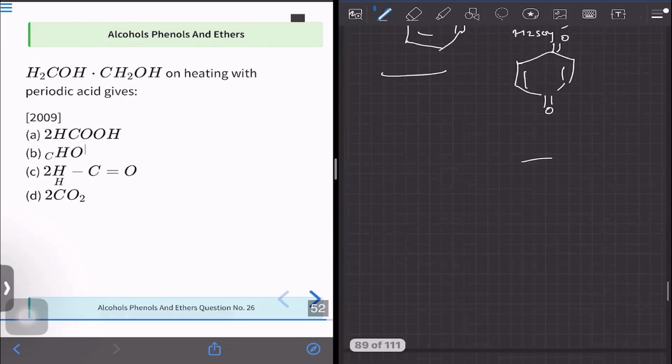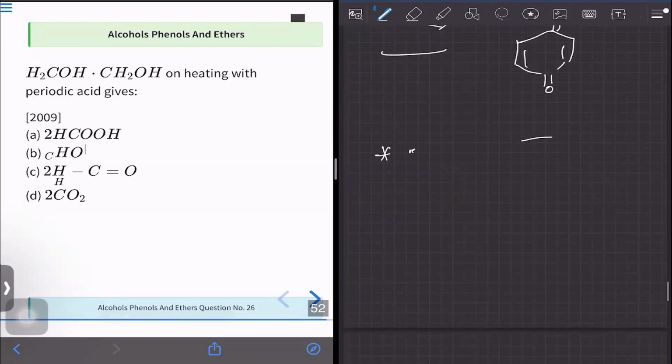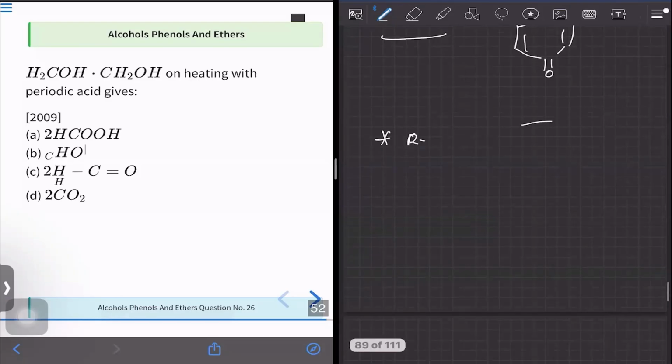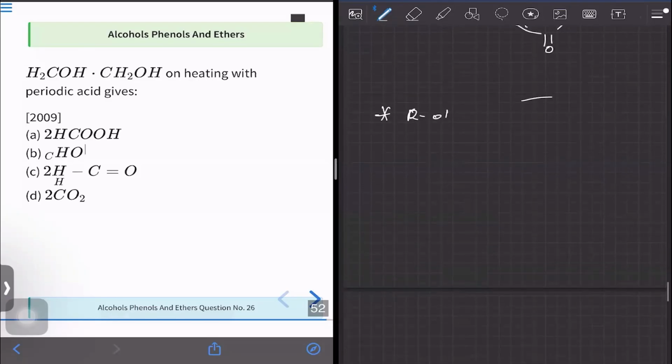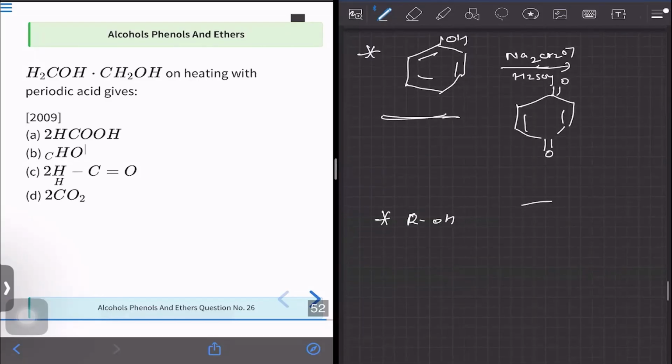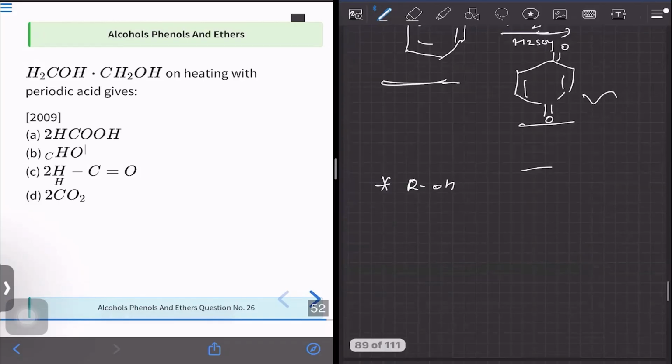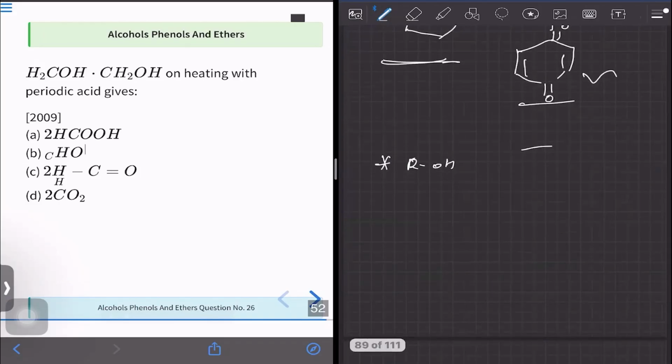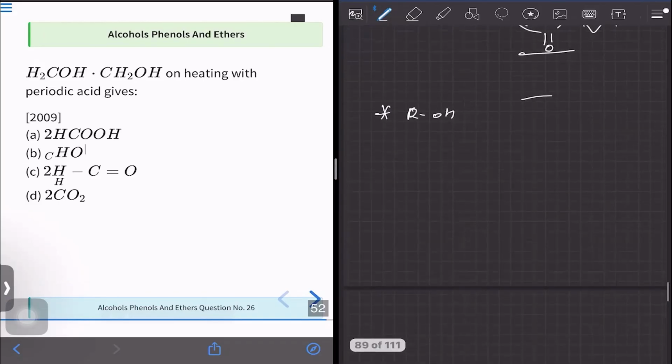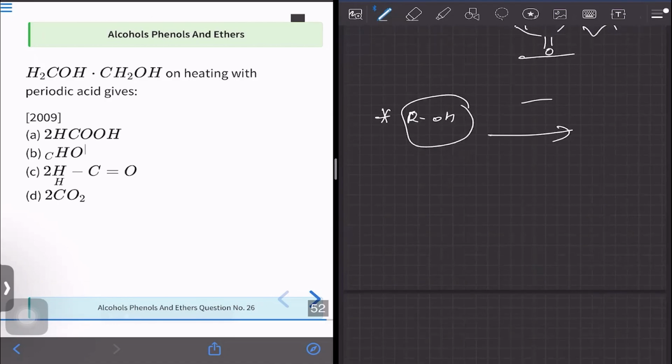We all know whenever aromatic alcohol undergoes oxidation, it produces benzoquinone. Whenever alkyl alcohol undergoes oxidation reaction, it produces aldehyde or ketone. On further oxidation, it produces carboxylic acid.